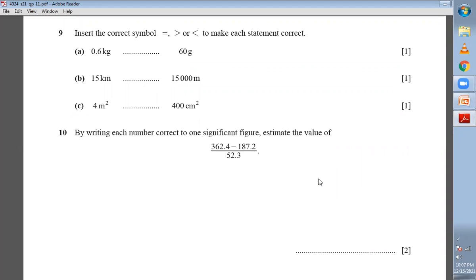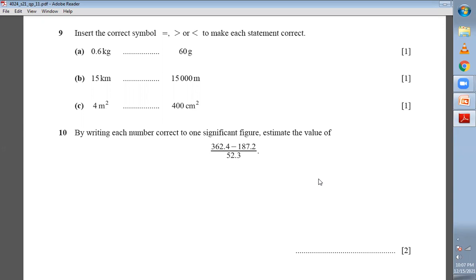The next question is question number 10, and it's of 2 marks. He says, by writing each number correct to one significant figure, estimate the value of 362.4 minus 187.2, and the whole thing divided by 52.3.